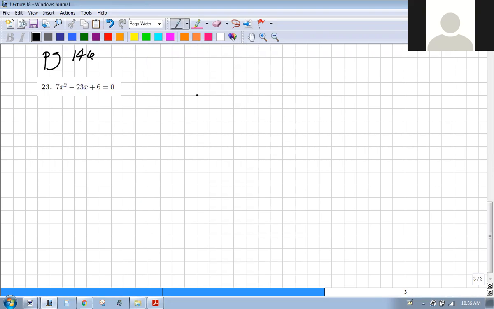All right, this one, let's do our A times C. 7 times 6 is 42. B is a negative 23. All right, let's see. How about a negative 21 and a negative 2?